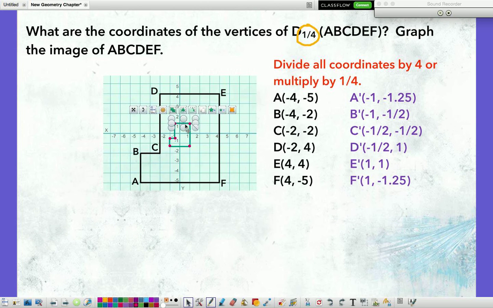Okay, now I'm going to connect all these. Okay, that's not bad actually. Like I said though, this is all going off of your best judgment on where your half is, where your fourth is, and vice versa.